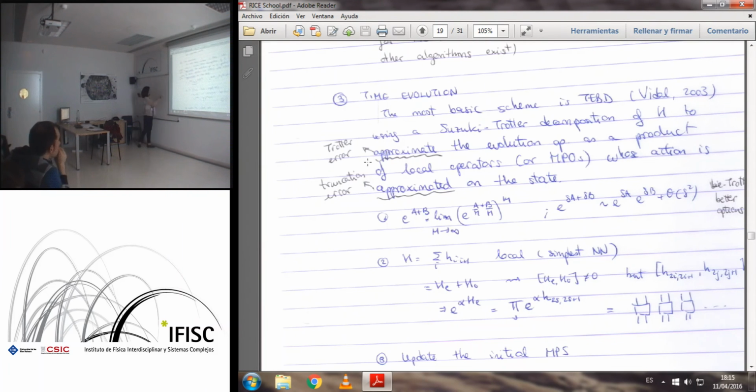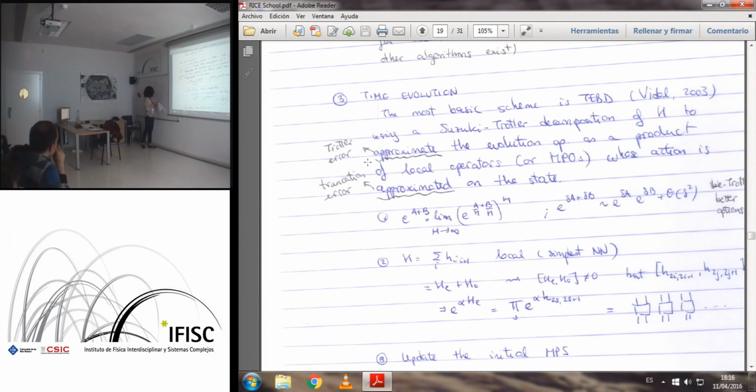And now each of these steps you can break down into smaller things. Typically you could just use some MPO approximation of each of them. So this is an approximation, but it's a good one in the sense that by making these steps smaller, it gets better and better.